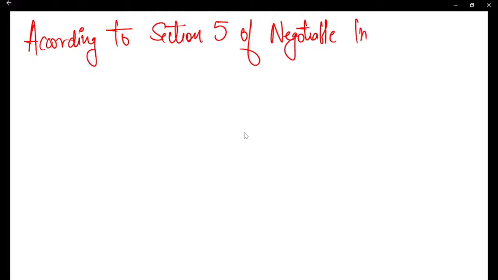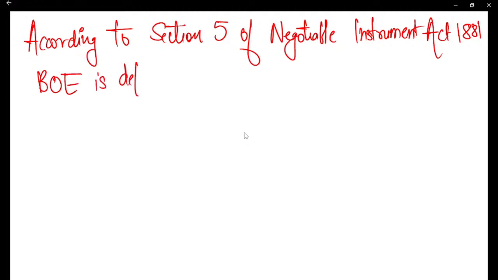The definition was according to section 5 of Negotiable Instrument Act 1881. Bills of exchange is defined as... क्या था definition bills of exchange का?